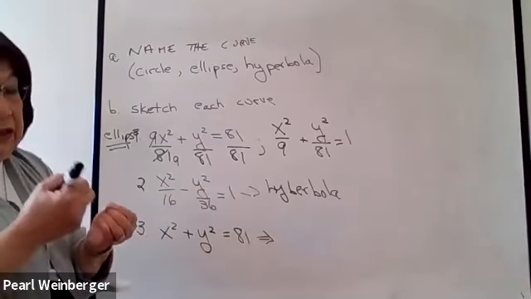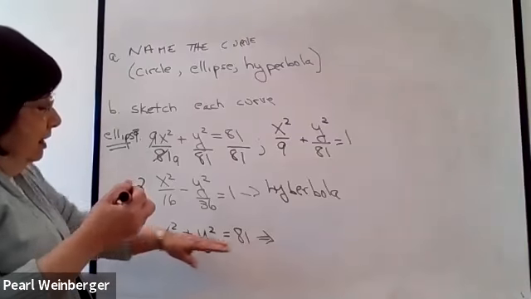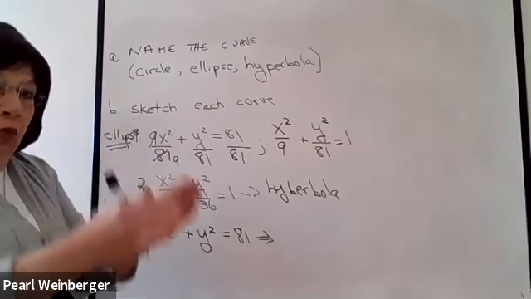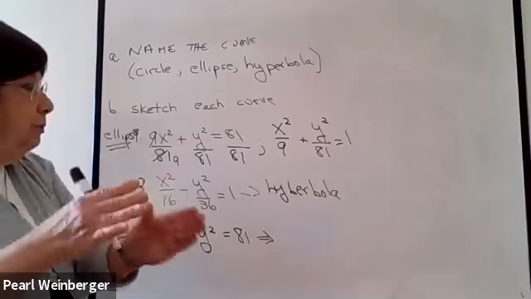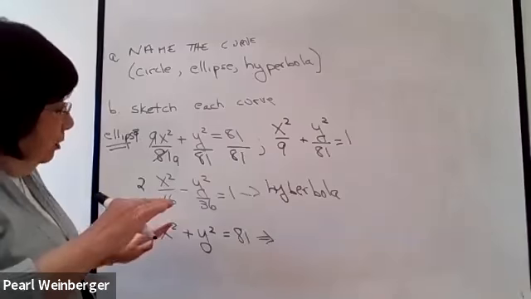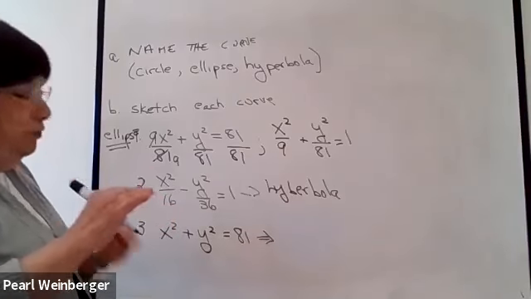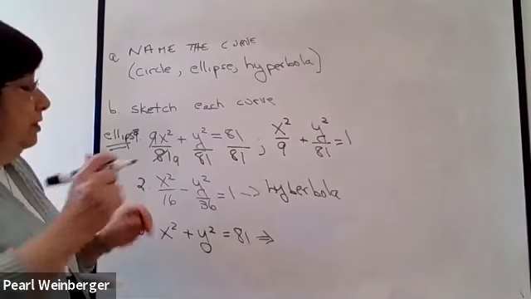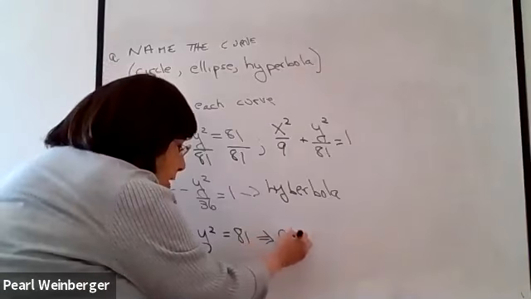That's what makes it a circle. In this case, usually we don't even go any further. Once I see just a plain x squared and a plain y squared, not over anything, which means it's over 1, the coefficients, the numbers in front of the x squared and the y squared, are both 1, then what you have is a circle.